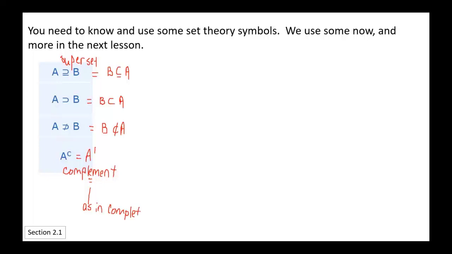So if you had a large set of numbers and then A was part of that, the complement would be the rest of it, because it would be the part that you had to put with A to make it complete. So what this really does in words, I'll try to write this one out: the complement of A is all of the elements or all of the things not in A. Okay, all of the items not in A.